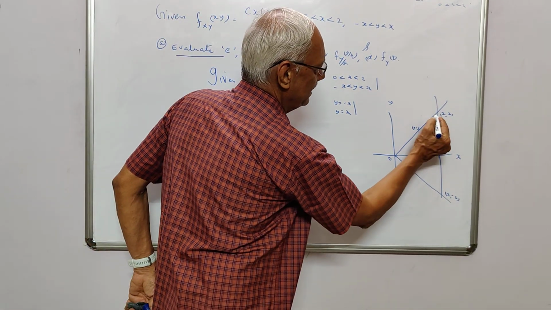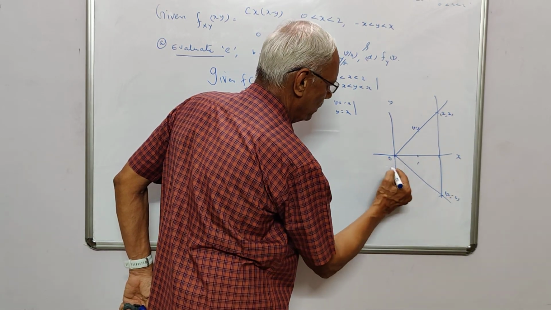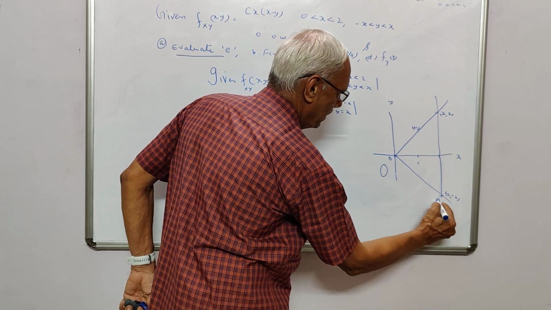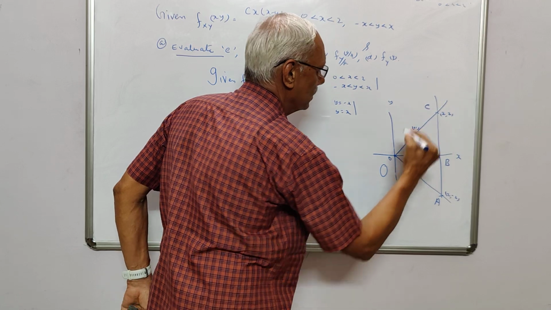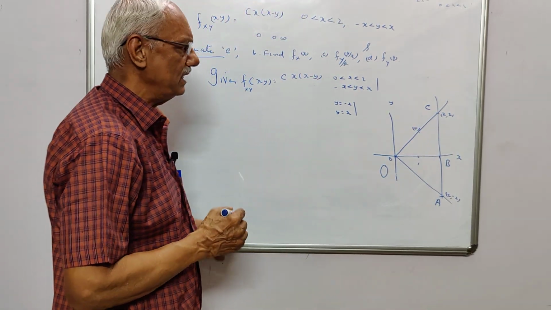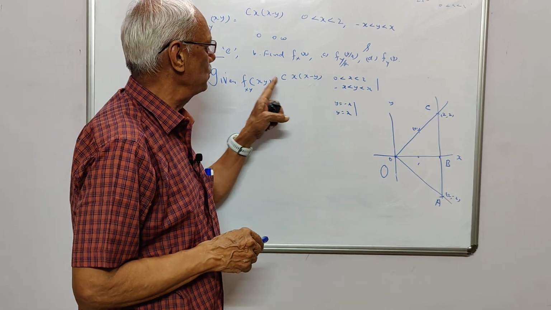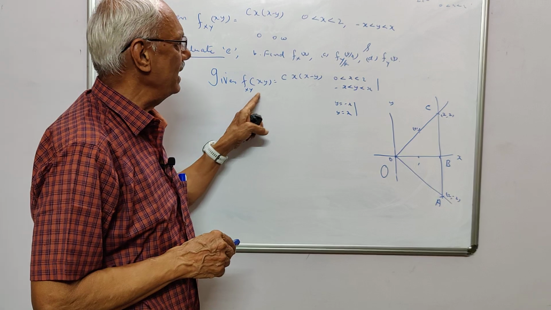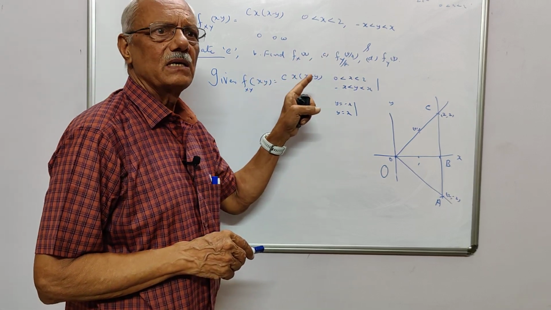Can you see this? So this is the region. I will call this O, A, B, C. So you see that OABC is the region or the domain over which you have to evaluate the integral or find the various probabilities.